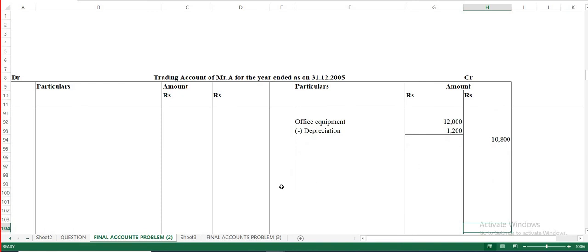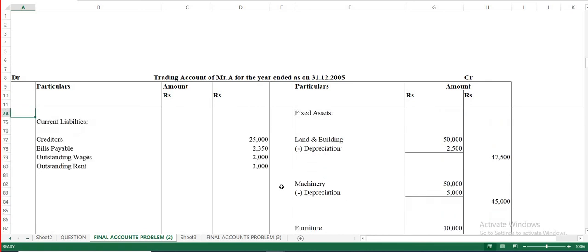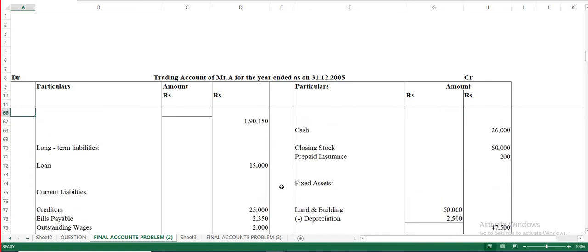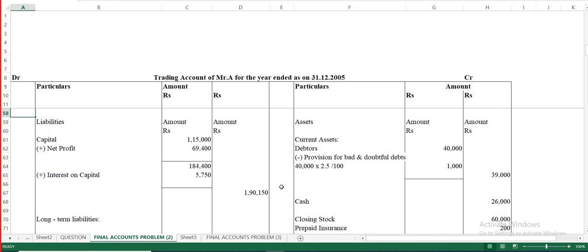Okay, so I am getting 2,37,500 on the asset side. So let us find out whether we are getting the same amount on this side also. So let me note down 2,37,500.